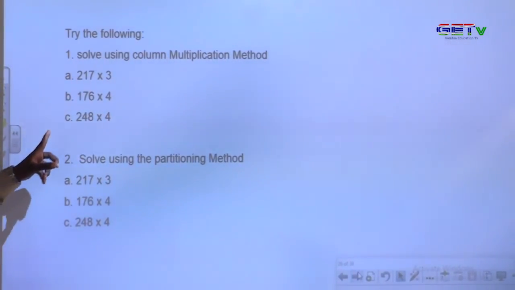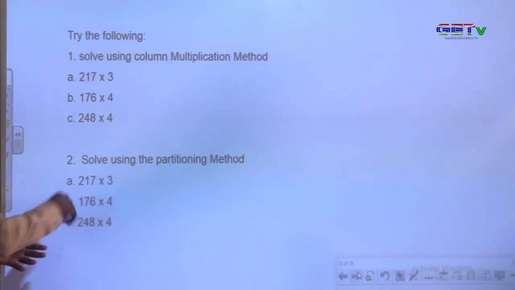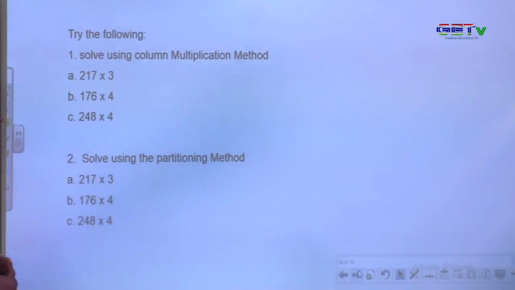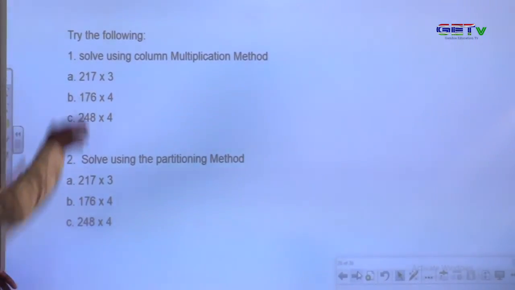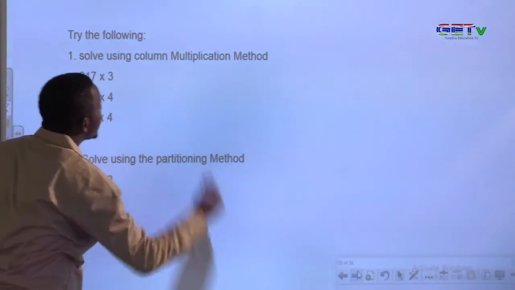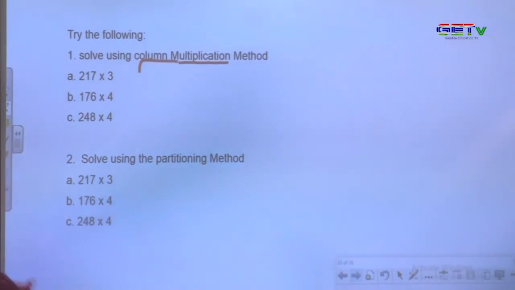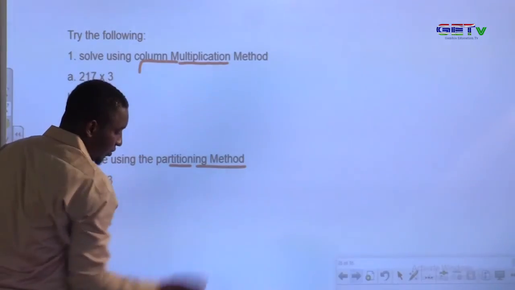And the third one is 248 multiplied by 4. You are going to solve these questions using column multiplication, and again solve the same questions using the partitioning method.